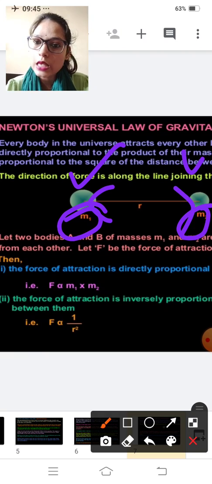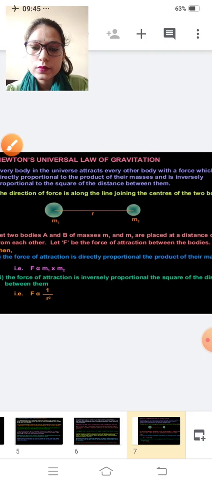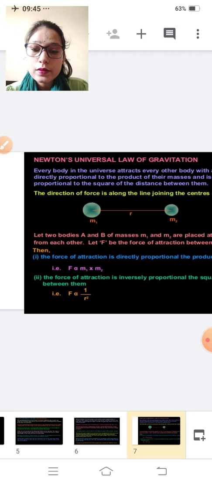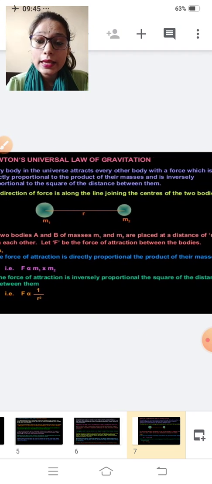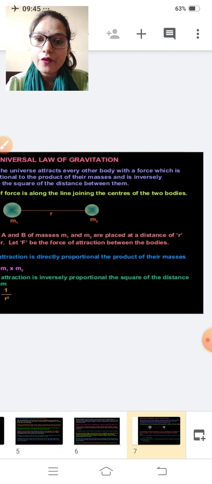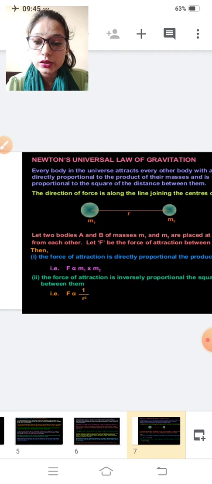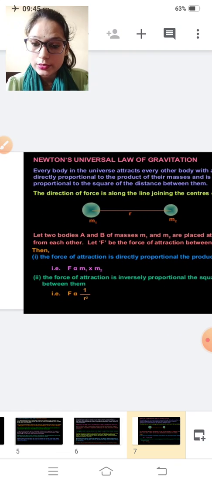The distance is r. Clear? Now let two bodies A and B of masses m1 and m2 be placed at a distance of r from each other. Let F be the force of attraction between the bodies.